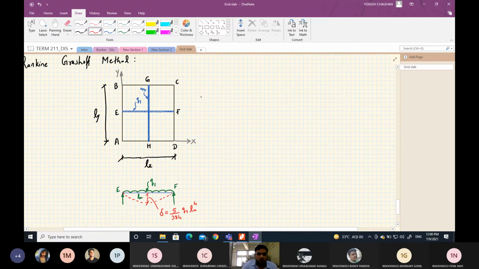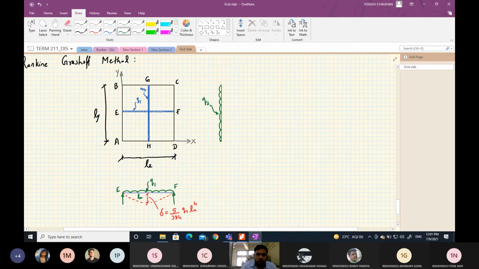Similarly, consider the strip in y direction. It is loaded with UDL of intensity Q2.